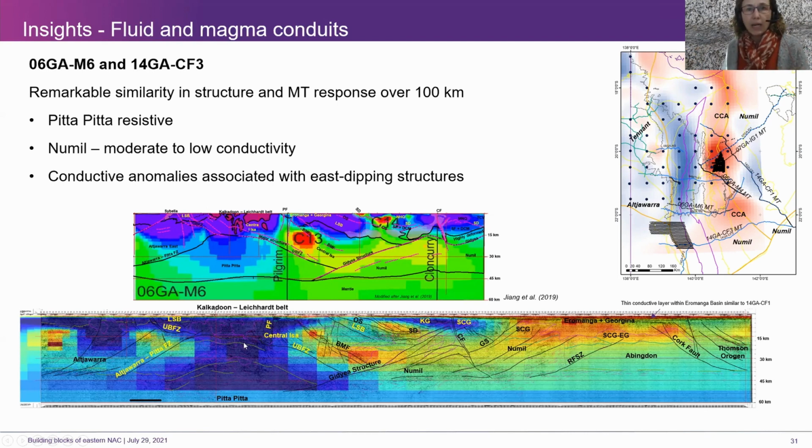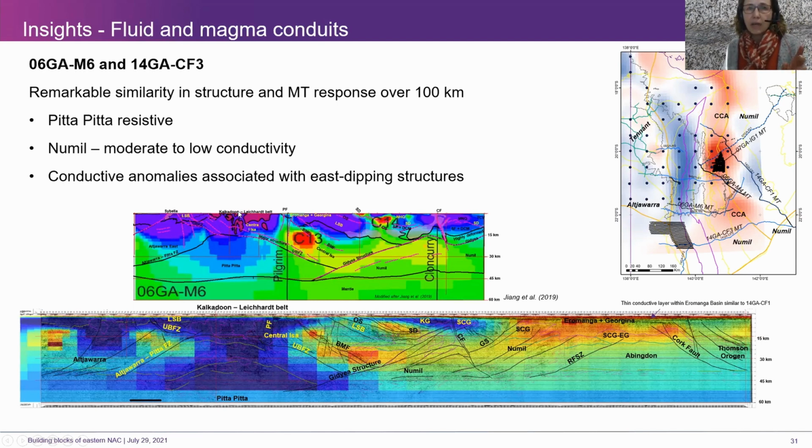Now, just while I'm looking at this one, I will say, so Fatima's question about the resistive feature, it does seem to be dominantly in Pitta Pitta, and it goes up into the cover sequences. In this case here, we're centered on the Kalkadoon Leichhardt belt, volcanics and granites, and actually this whole extent comes down a bit deeper on M6.